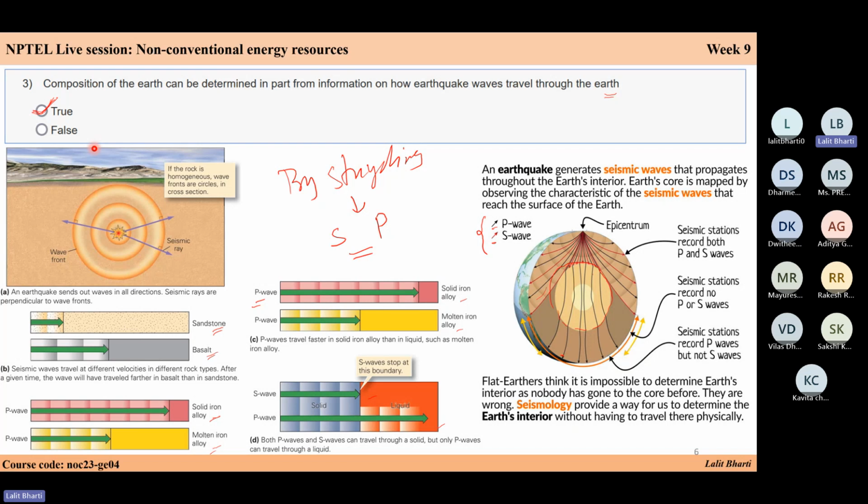That is not possible. So either they should give the option that it is not possible, or they should mention that this is a hypothetical question. If you consider it a hypothetical condition, then option one is correct. If you see it practically, then option four is correct. So that is up to your thinking.